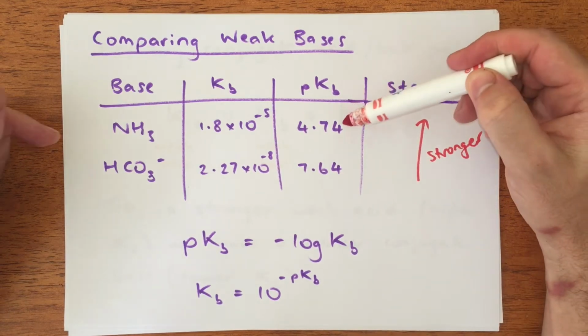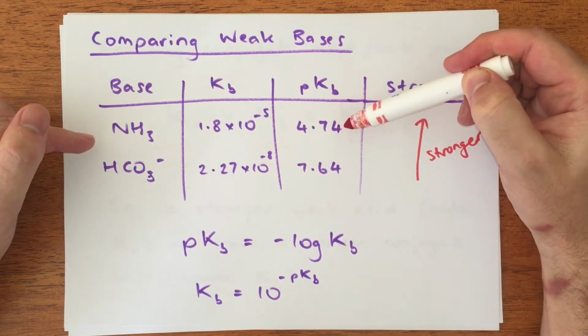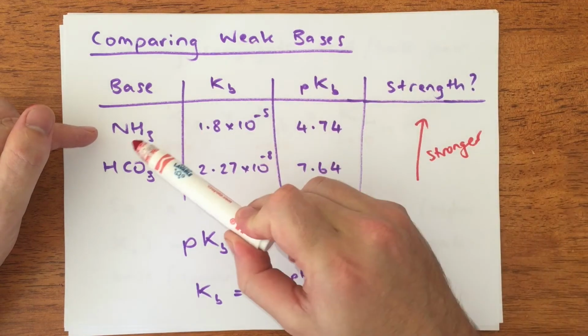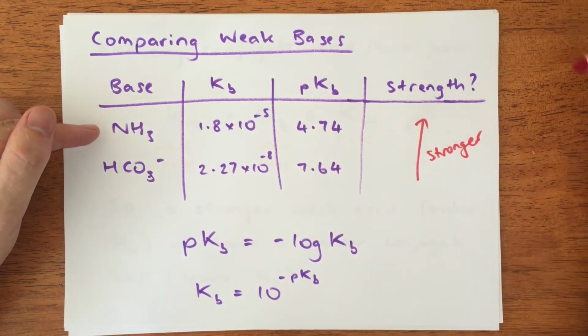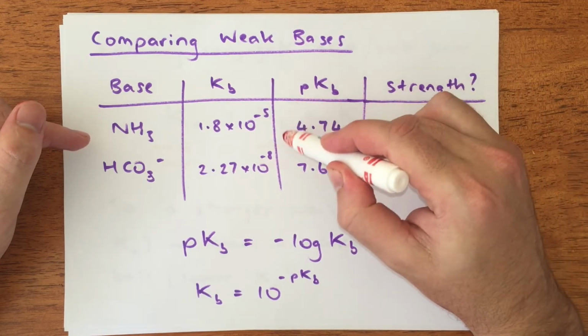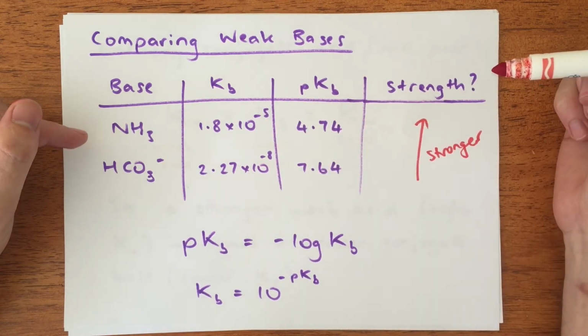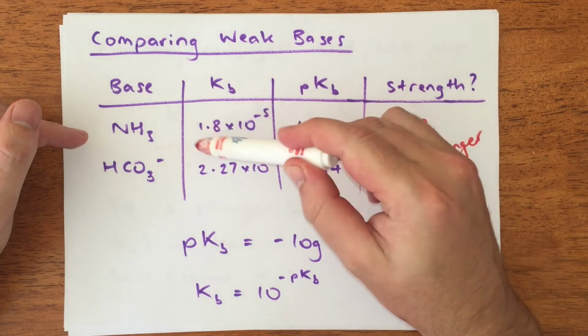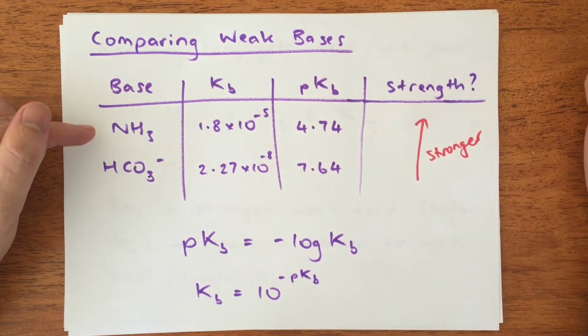I can see that my pKb for ammonia is 4.74, and I know that ammonia is the stronger of the two weak bases. Therefore, the lower the pKb, the stronger the weak base, and the larger the Kb, the stronger the weak base. So again, a trend that we can use to compare weak bases and determine their relative strength.